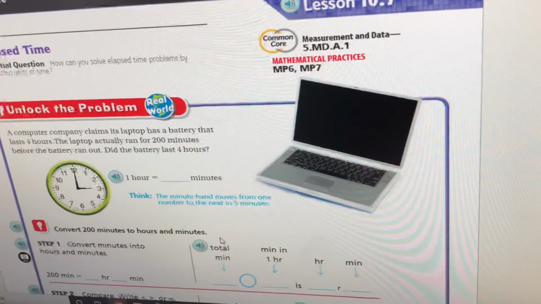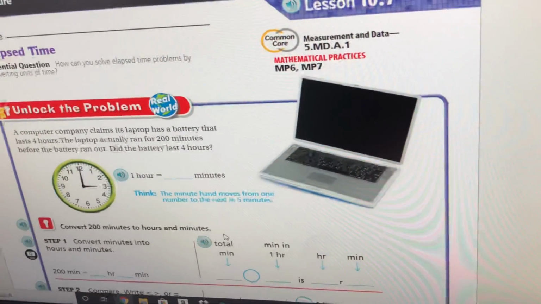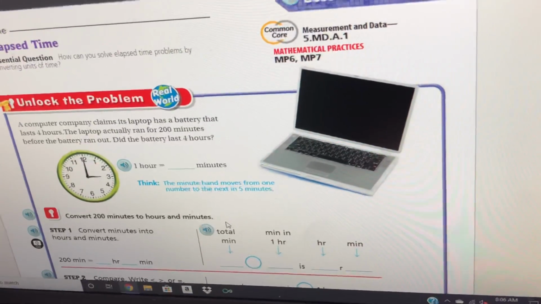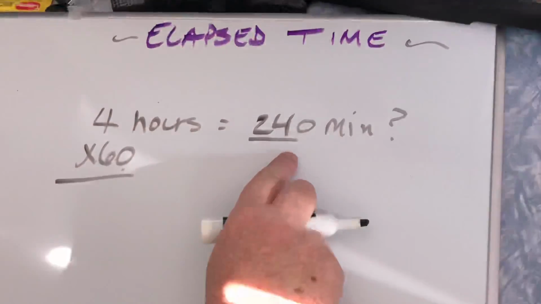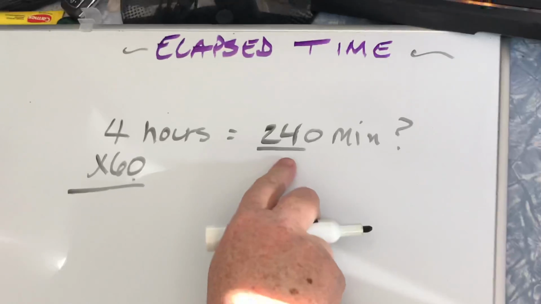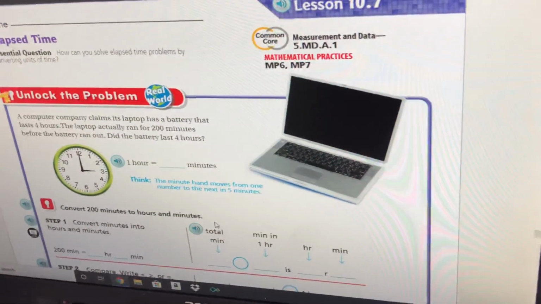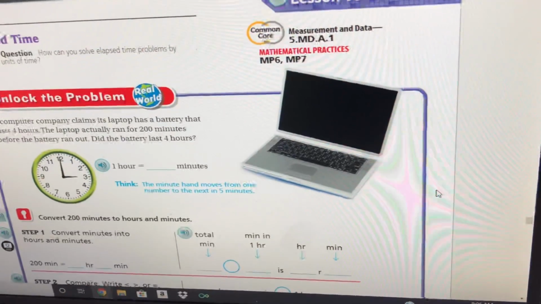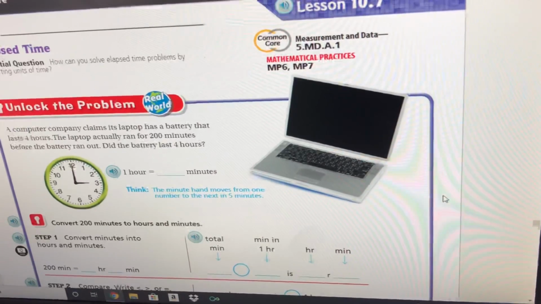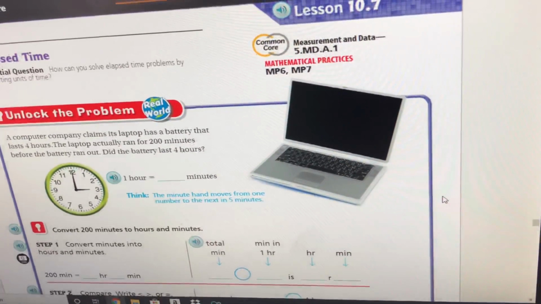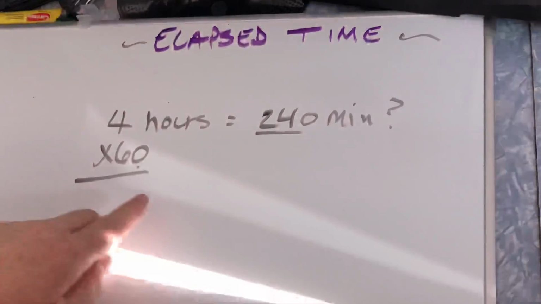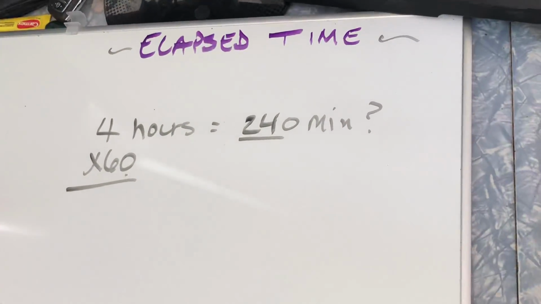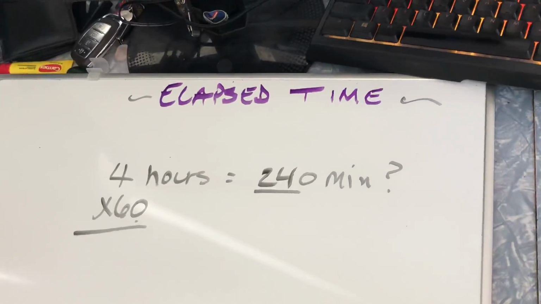Did it last for 4 hours? Well, I think the answer is obvious. No. You only got 200 minutes, and they claimed you could have 240. This shows you how to think through the steps in a longer way, and if that works for you, great. If it doesn't work for you, think about it just like we did right here. You should be able to do that problem in your head.